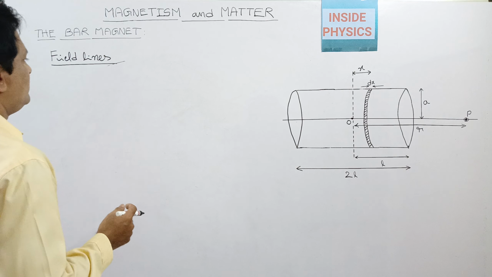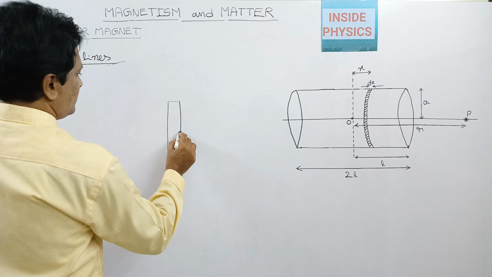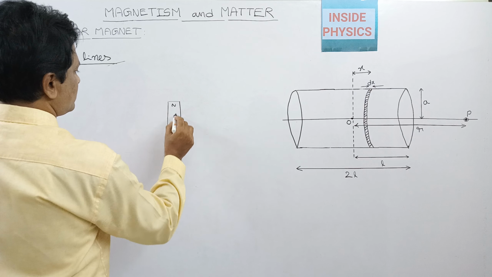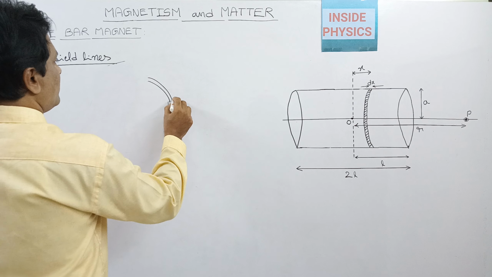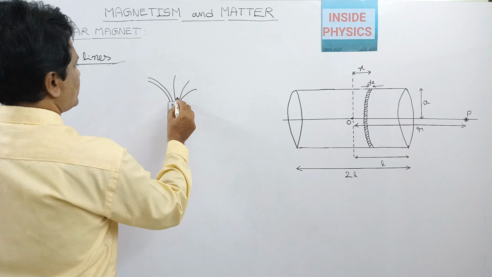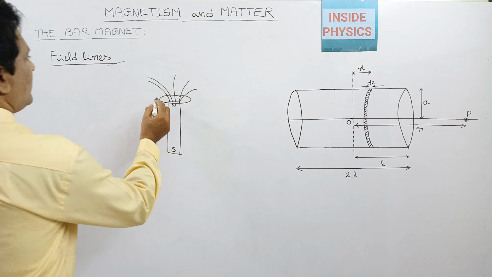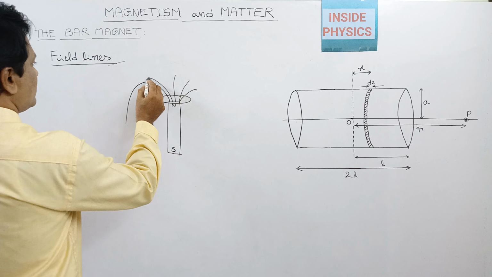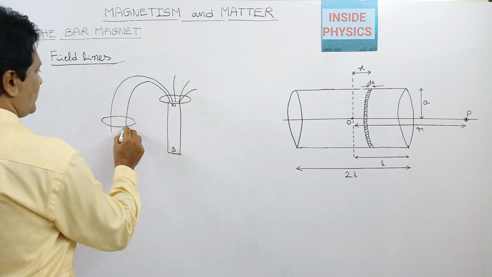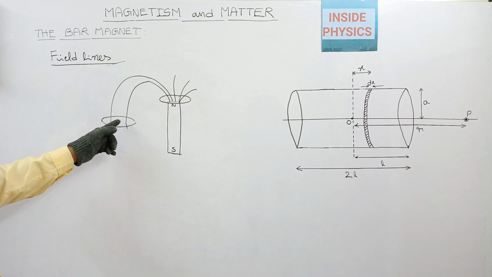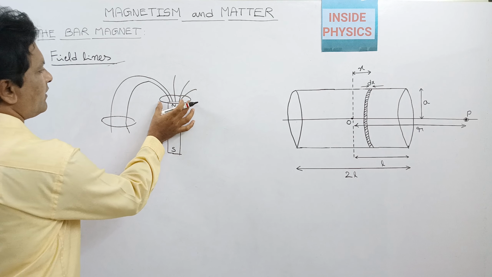And if you observe the bar magnet, the field lines emanating from the north pole are quite dense. If you take an area here, they are quite dense, and if you take an area at this point, the number of magnetic field lines is less.